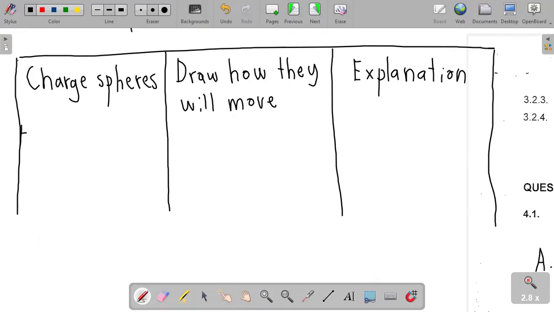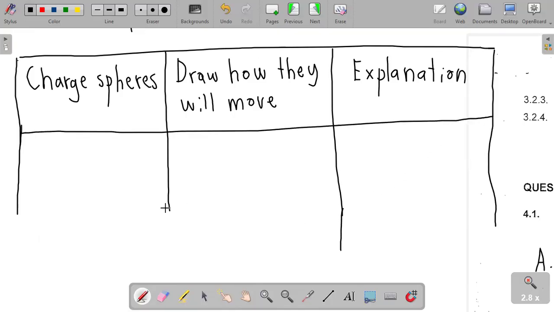Let me draw the objects here. First one, we have a negative and a positive.